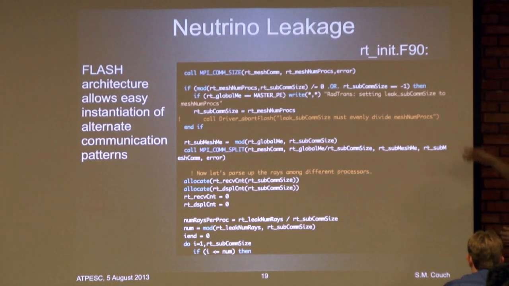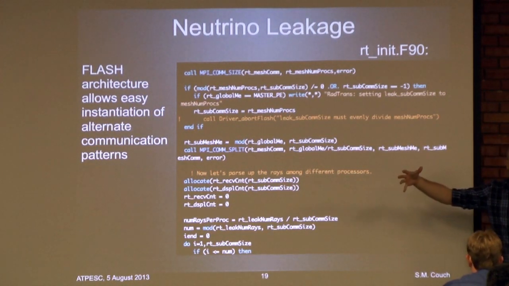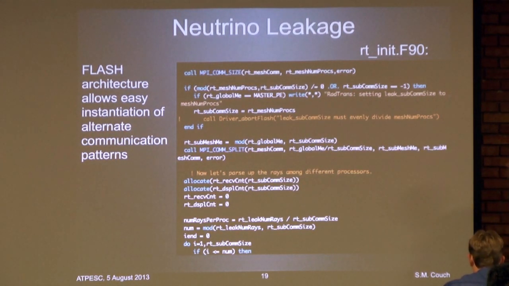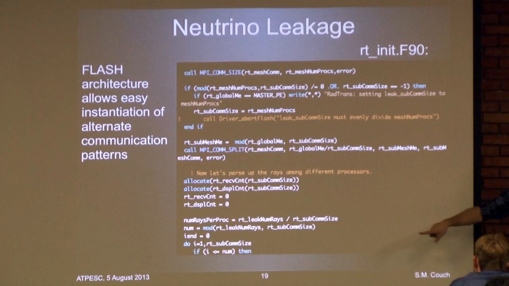So here, you can take a look at this code that I snipped out. RT Meshcom is the main mesh communicator from the grid unit, which this is the local copy of it, stored within the radtrans unit. But what we do here is we split up the main communicator into subcommunicators, and then pass out different rays to different processors within these subcommunicators.